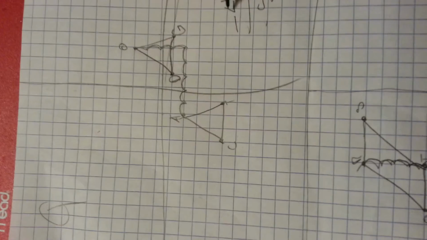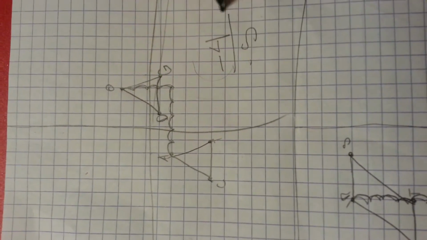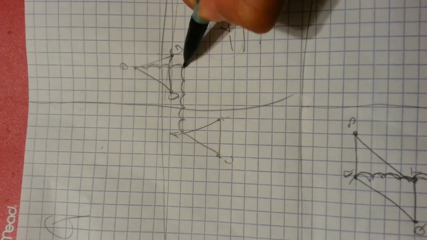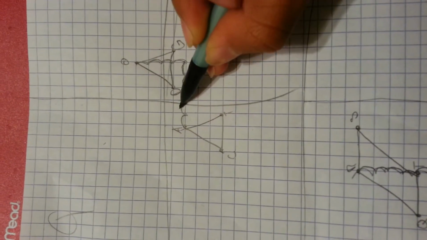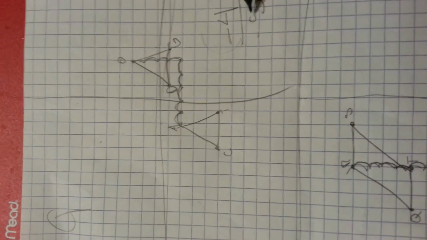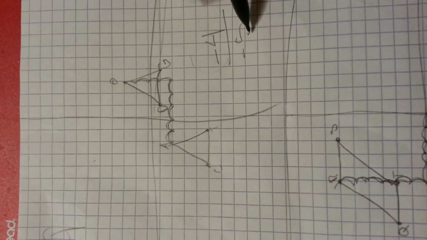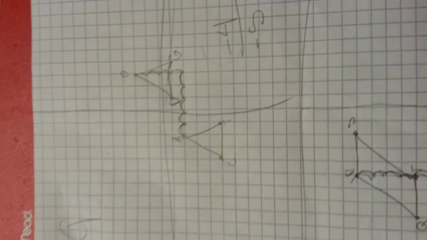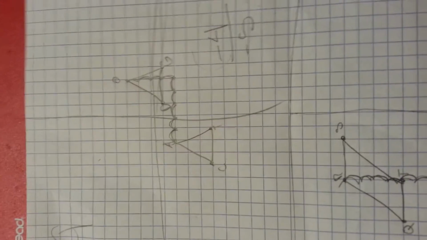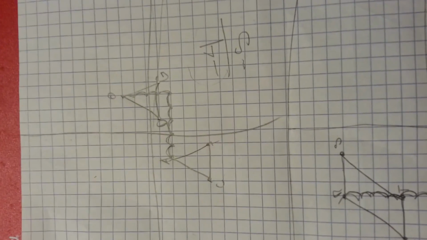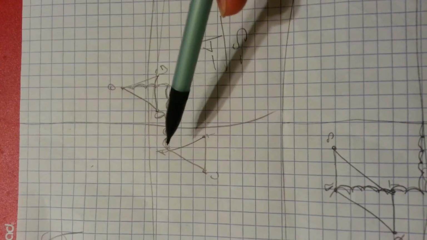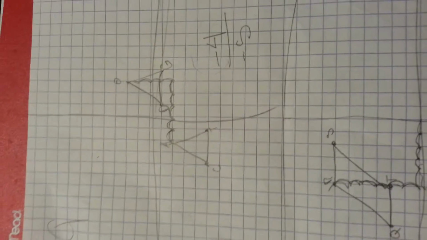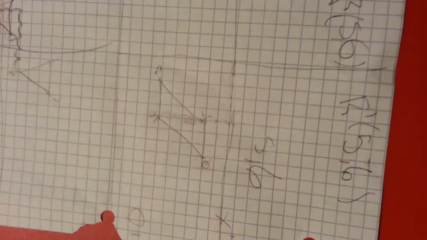So I put -4, and I went over 1, 2, 3, 4, 5. So I got -5. So the translation for it would be -4, -5, because it would be negative because you're going down and negative because you're going to the left. That's how you do problem 9.